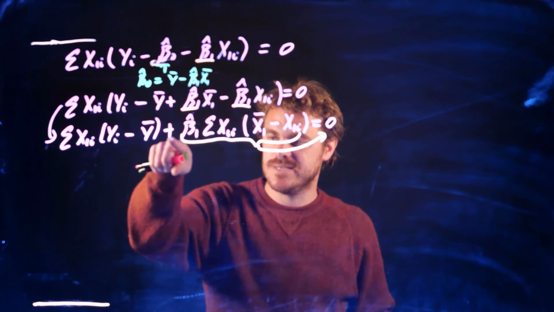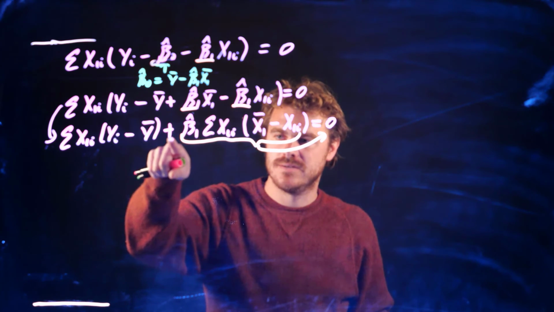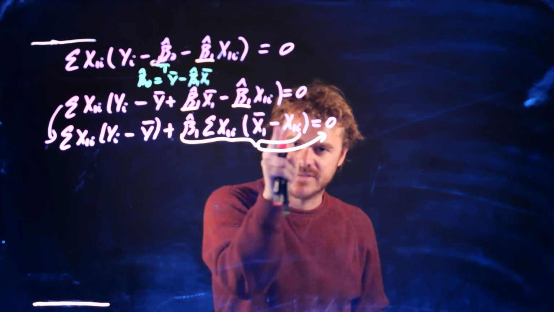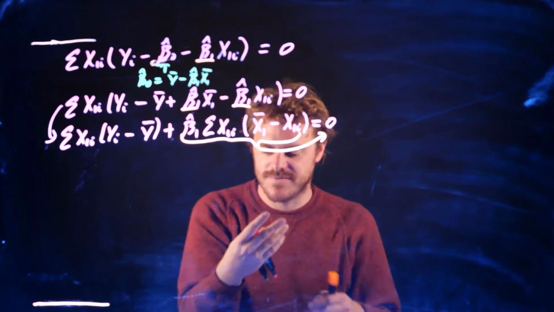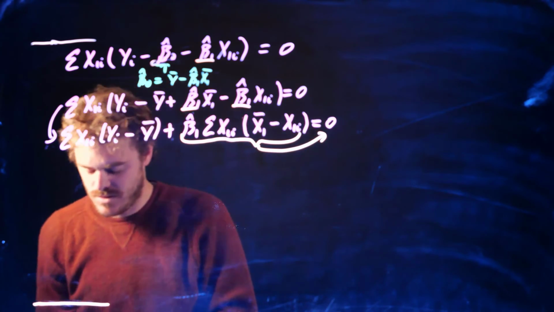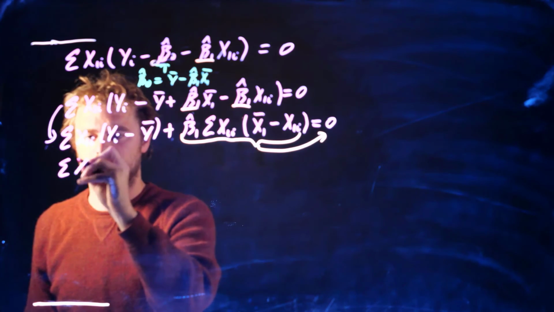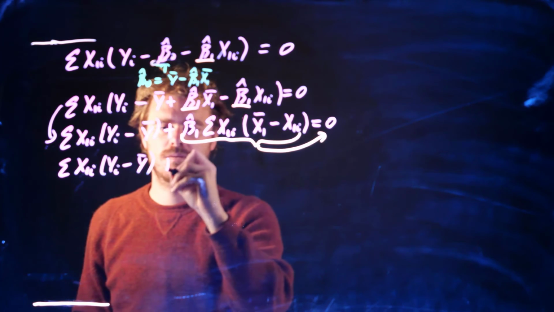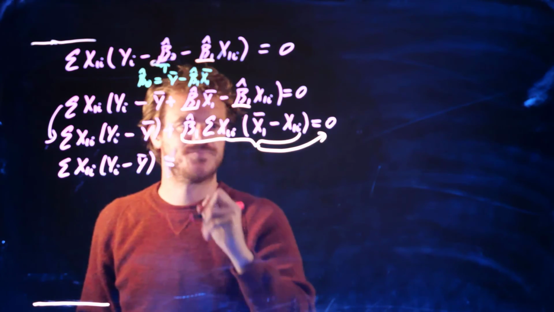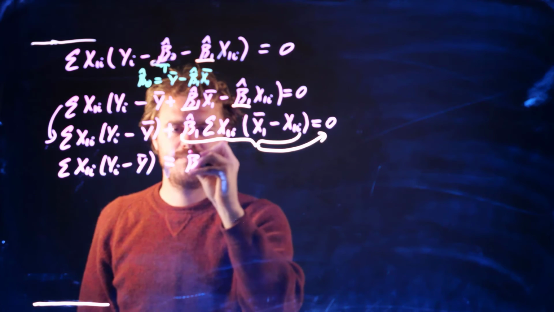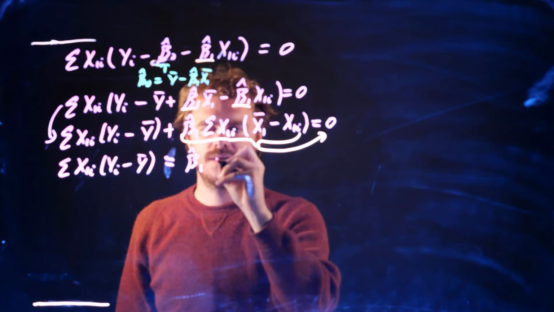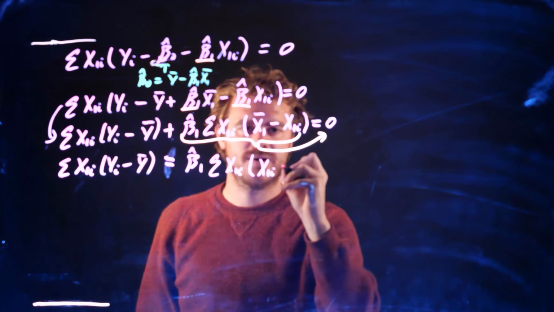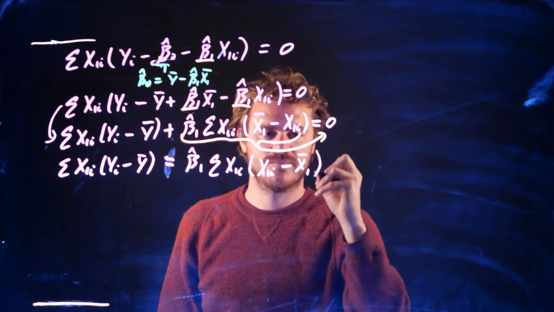So instead of changing this to a minus, as we bring it over here, we're actually just going to flip what's in the brackets, if that makes sense. And then equals beta hat 1, the sum x1i minus x1 bar.